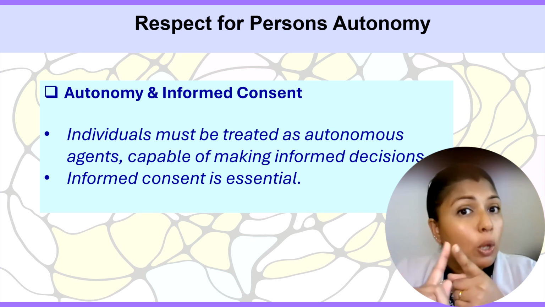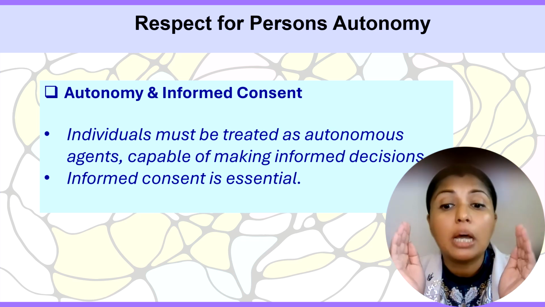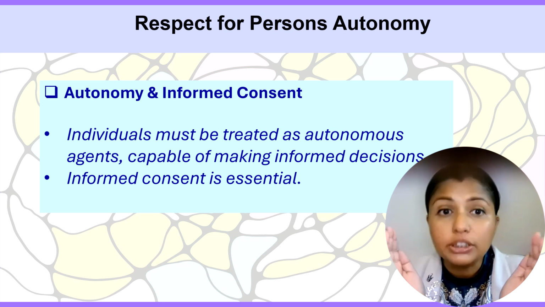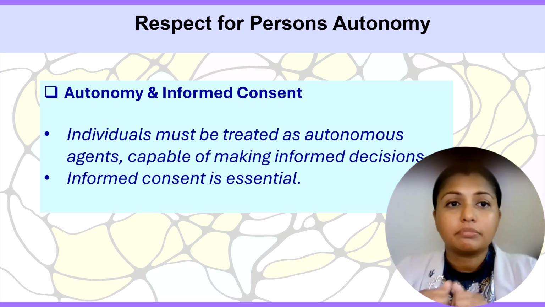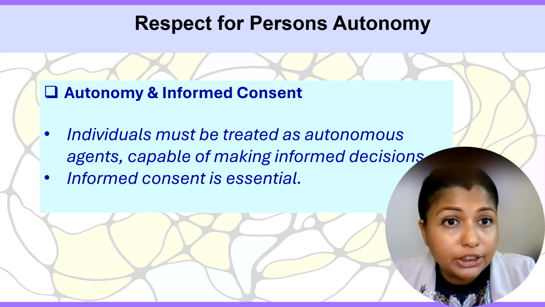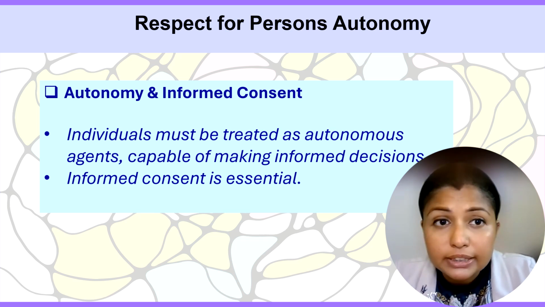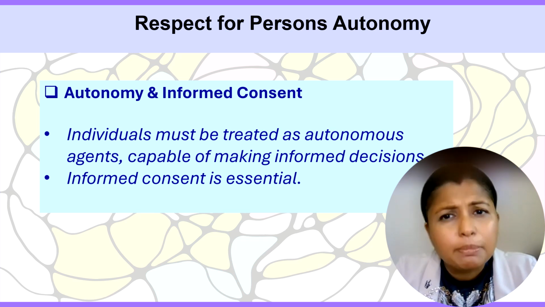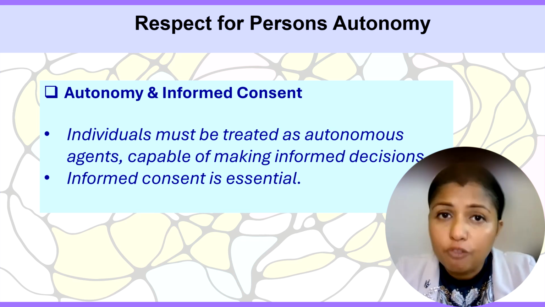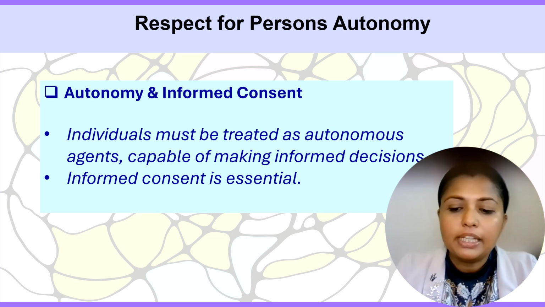They must provide complete and honest information about the research that is about to take place, and offer special protections to those such as children and individuals with cognitive impairments. In essence, it's about treating people with fairness and honesty, and allowing them to make free and informed choices. Now, let's go to the next.